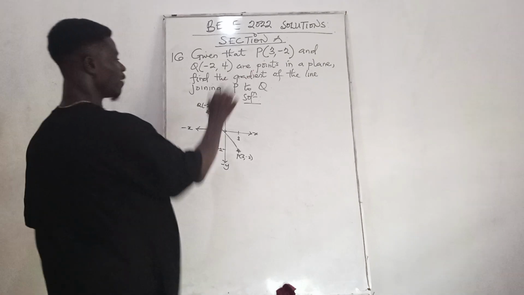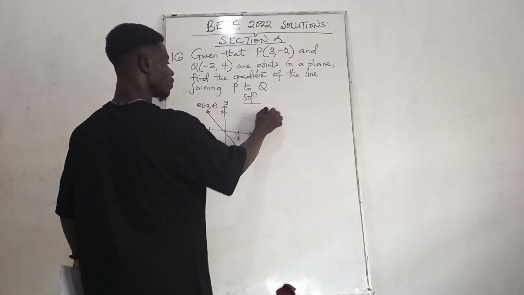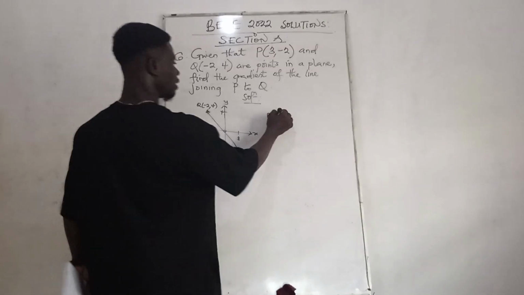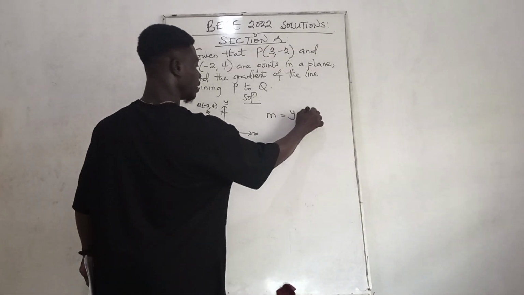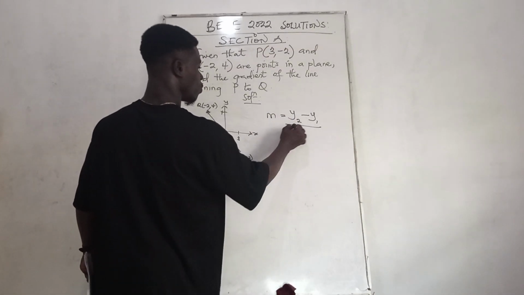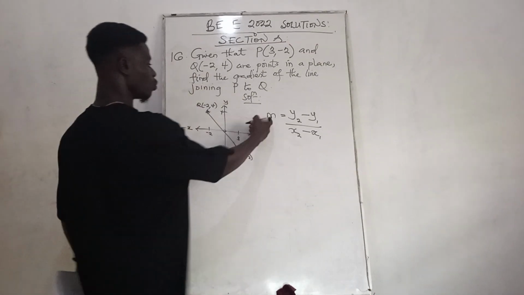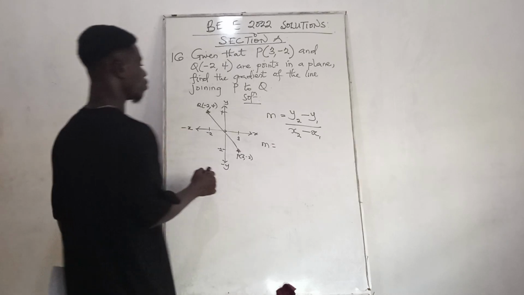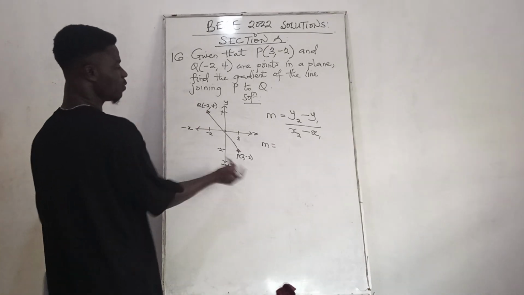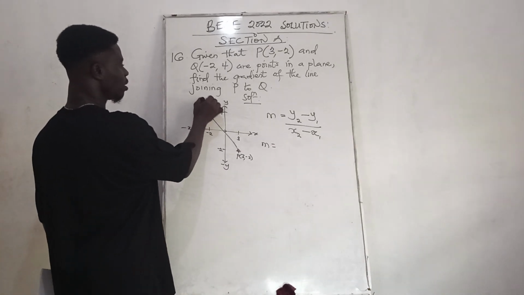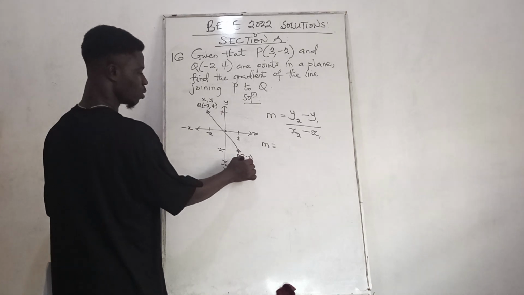So now how do we find the gradient? Gradient, which has the symbol m, must be equal to y2 minus y1, all over x2 minus x1, right? So my m must be equal to, we can use any point, here is x1, y1, x2, y2.